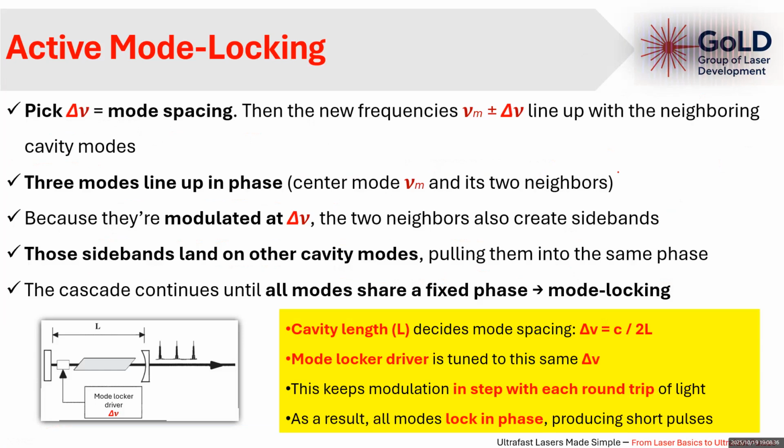So the important thing is the mode spacing, okay, which is equal to this one. We have to calculate it, actually not decide, with the help of the equation which we know, C/2L or something like this. Then the new frequencies are generated on both sides of the actual modes, modulation plus minus, lining up with the neighboring cavity modes, okay.